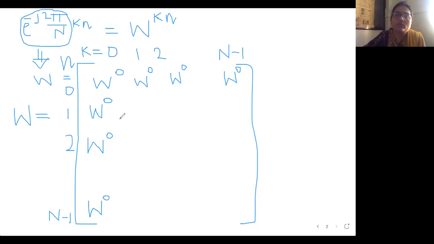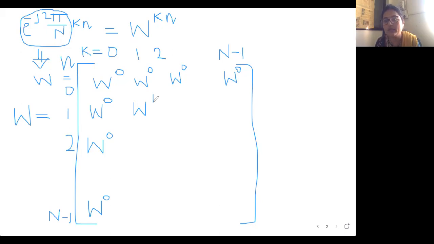Now at this position, n is 1, k is 1. Both are 1, so we write w raised to 1 multiplied by 1, which is going to be w raised to 1 only.